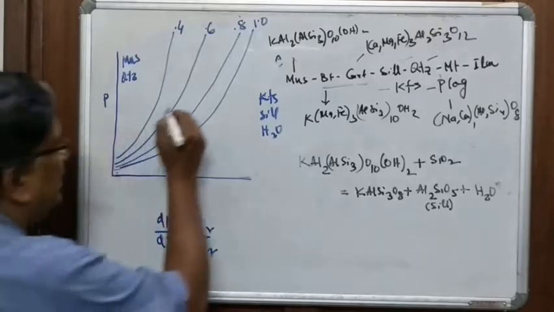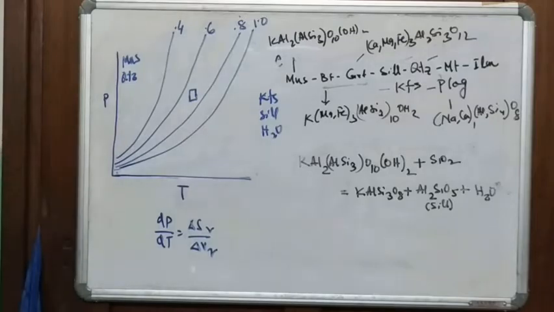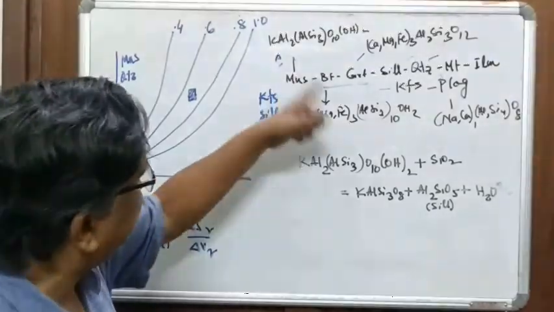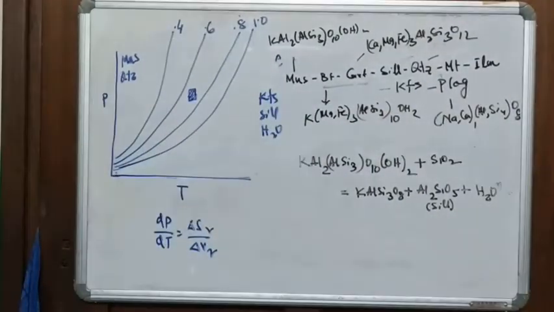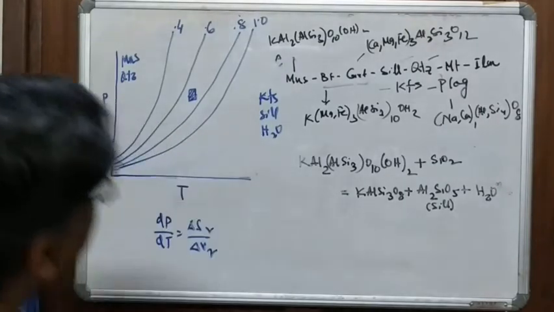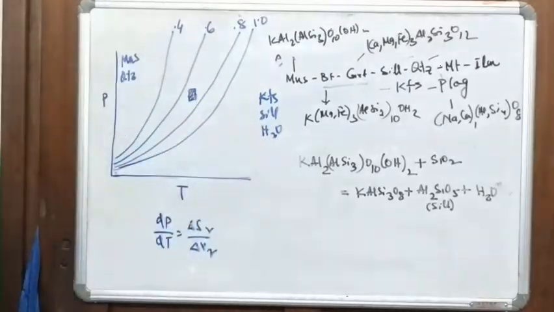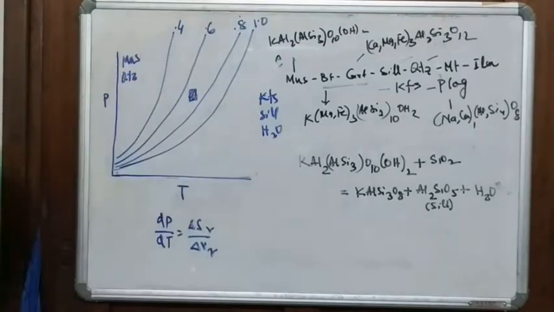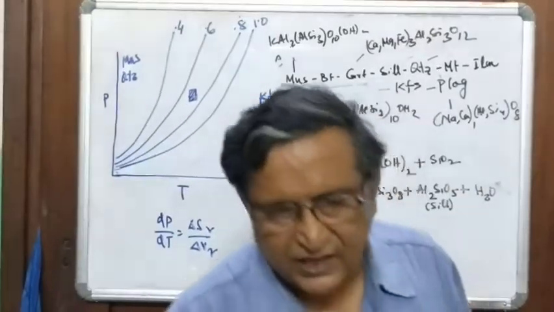Say, for example, this is the pressure temperature of the rock that you determined from the exchange reactions and other reactions that I know. Now you see the position of the reaction muscovite plus quartz is equal to K feldspar plus sillimanite plus H2O is very different, whether there is a fluid phase or it's a fluid absent condition.